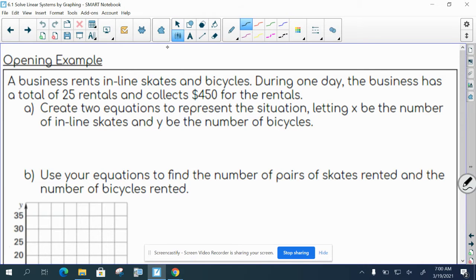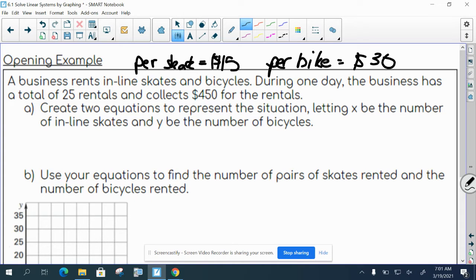The price per skate is $15, and the price per bike is $30. During one day the business has a total of 25 rentals and collects $450 for the rentals. Create two equations to represent the situation, letting x be the number of inline skates and y be the number of bicycles.